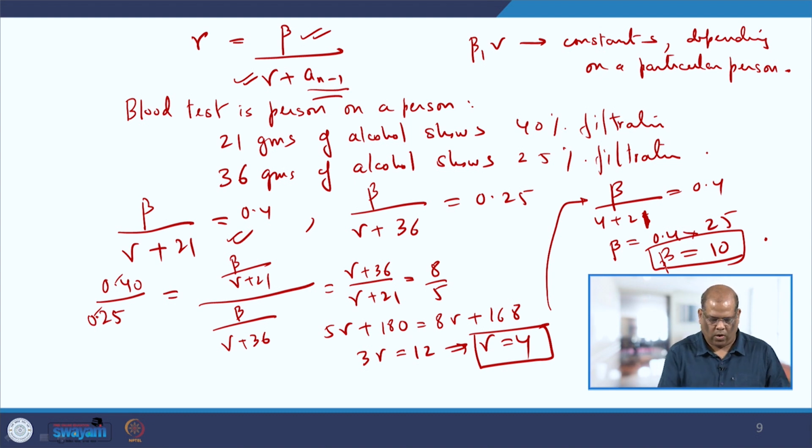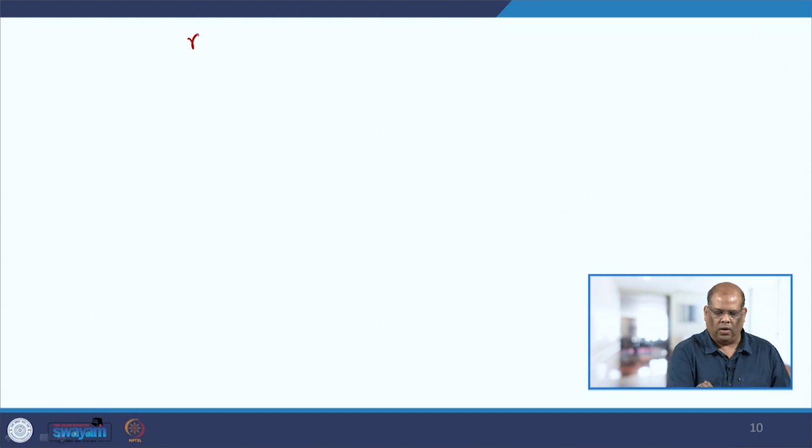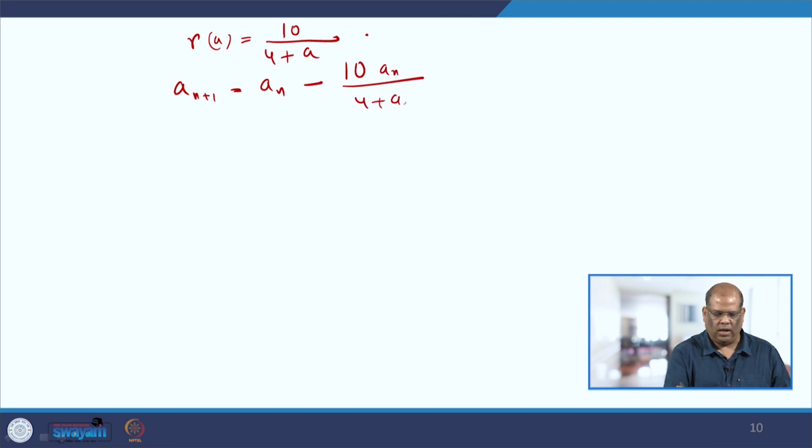So now your model will look like, A becomes 10 by 4 plus A, and your model is A n plus 1 equal to A n minus 10 A n divided by 4 plus A n, plus A.